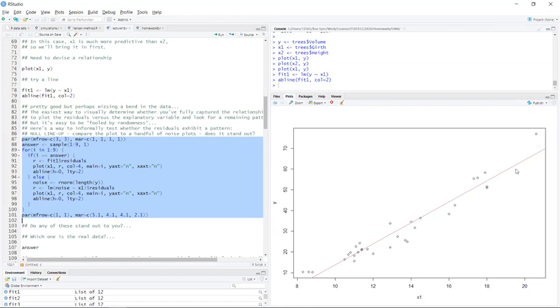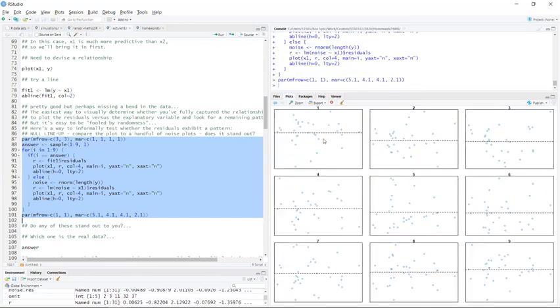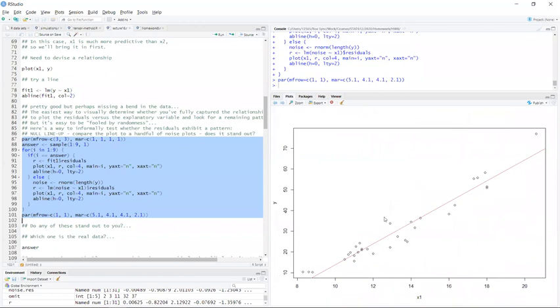So I described this approach where I draw 8 plots that are random noise and one plot that is the residuals of this fit.